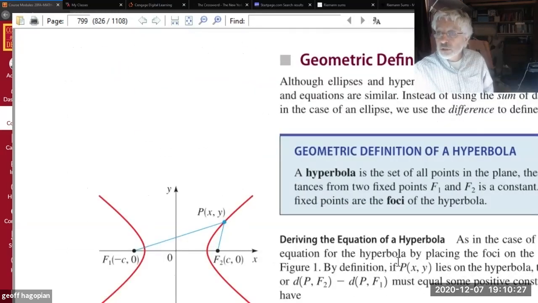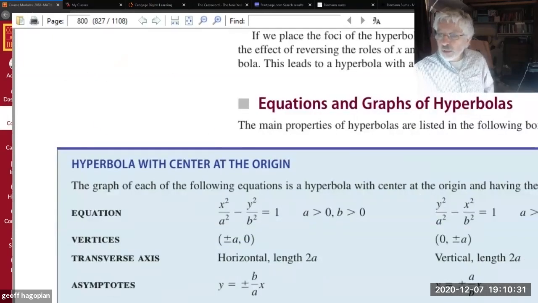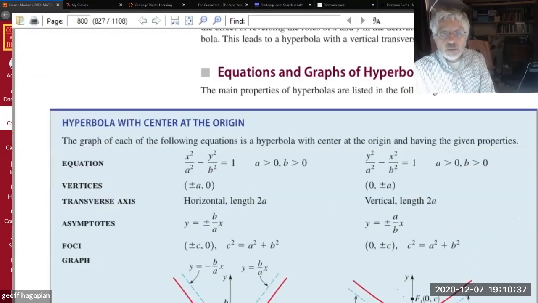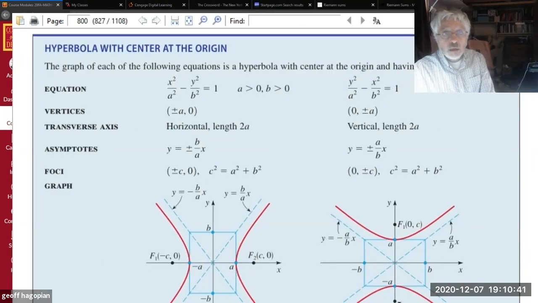Okay, so we have the geometric definition of hyperbola. We showed how that would lead to the basic... Can we zoom out a little bit here? So we see our hyperbola that is not shifted, right?